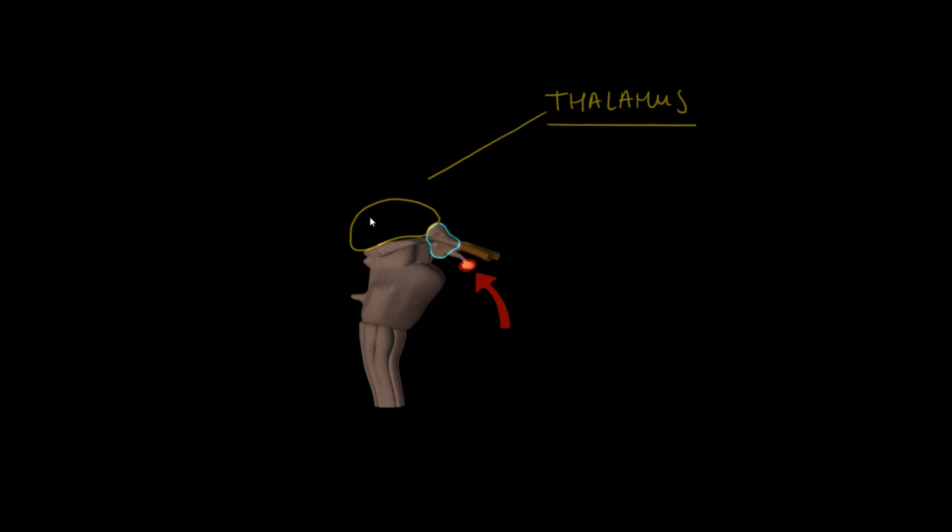For the purpose of this video, we are really focused on these three structures: thalamus, hypothalamus, and pituitary gland. All three of them are parts of the brain. However, the thalamus is part of the nervous system, but these two other structures are part of the endocrine system.